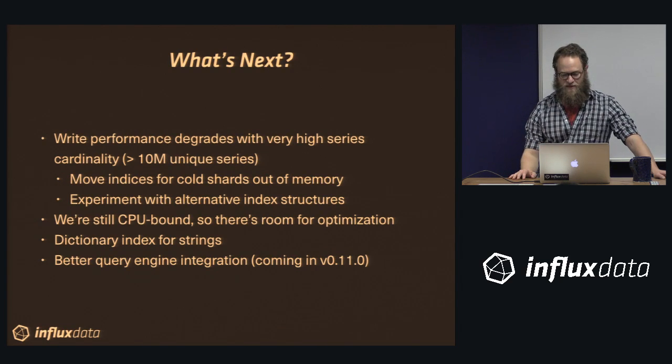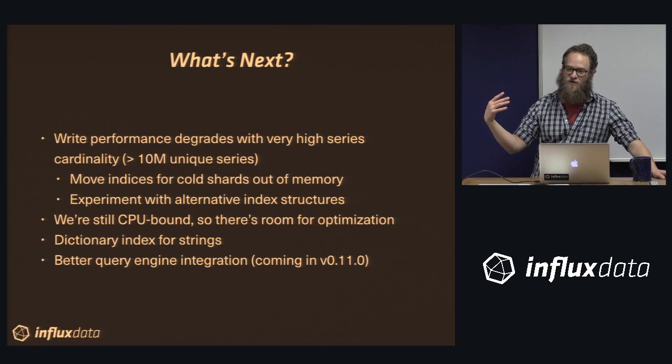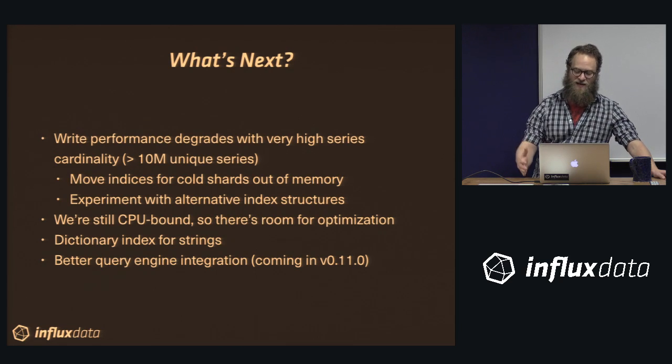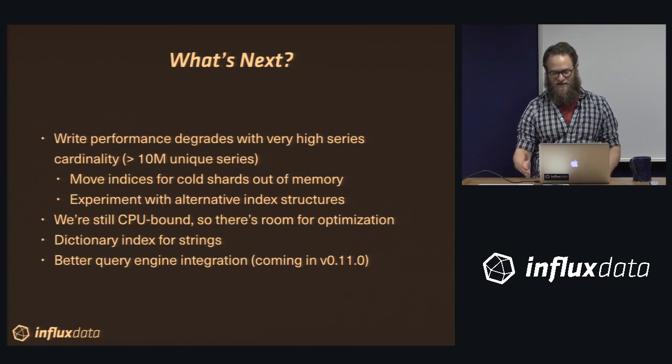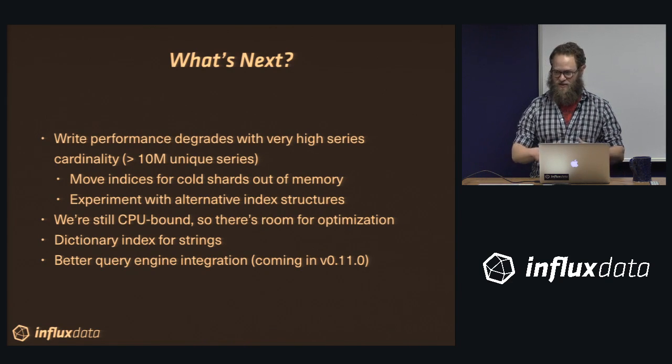One of the problems that we do know about is if you have super high series cardinality. If you have 5 million, 10 million unique series, the writes are not as high, primarily because you can't write enough points to each series per unit time to get enough data in there to compress it.